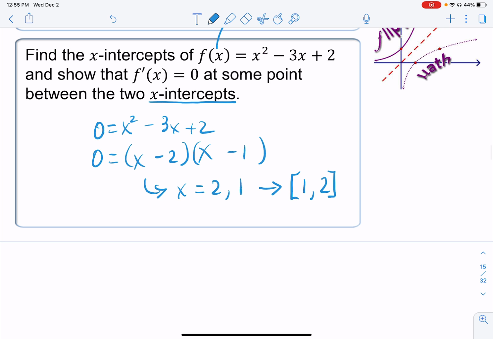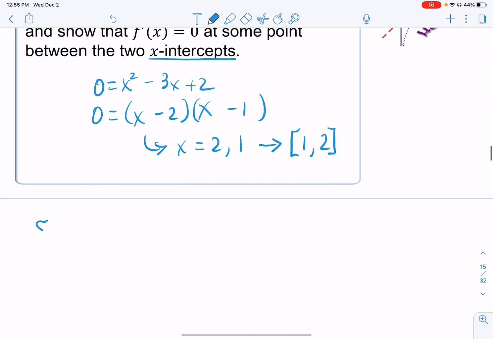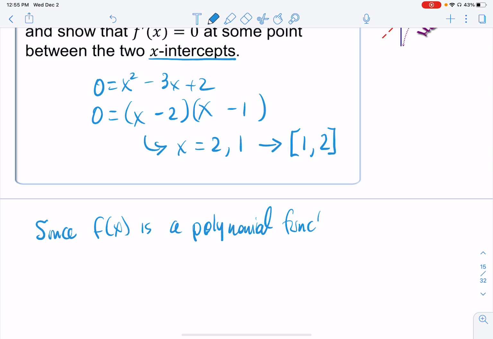Okay, so let's make sure that our conditions are met, right? So since f of x is a polynomial function, it is continuous and differentiable everywhere.